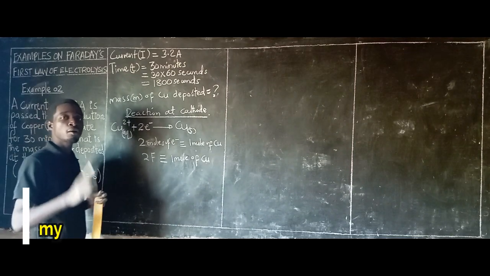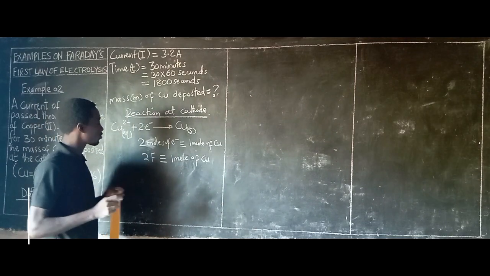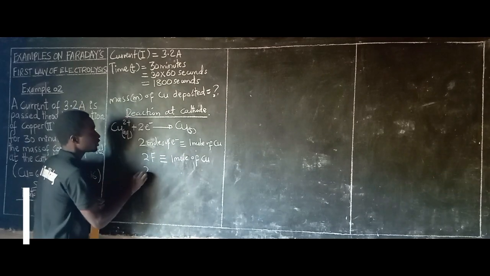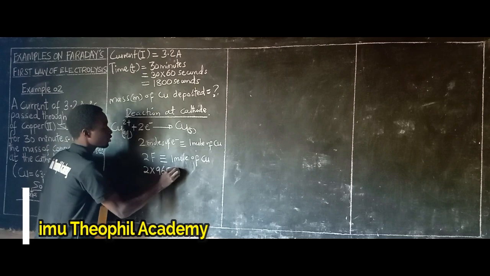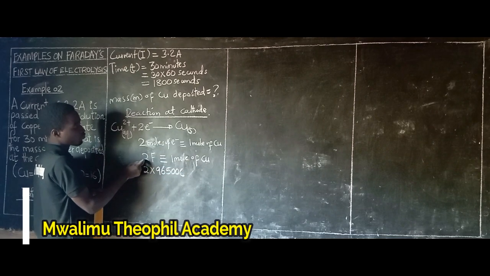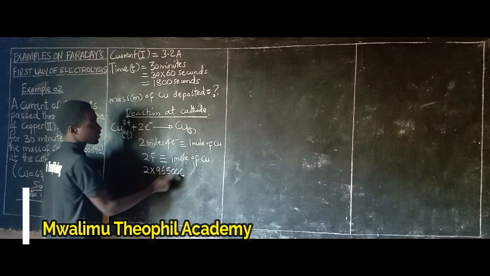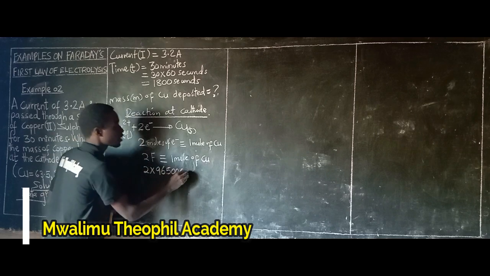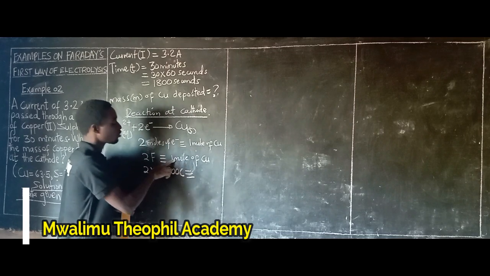You have to know that 1 Faraday is equal to 96,500 coulombs. So to convert 2 Faradays into coulombs, it will be 2 times 96,500 coulombs. Now 2 times 96,500 coulombs will be equivalent to 1 mole of copper.